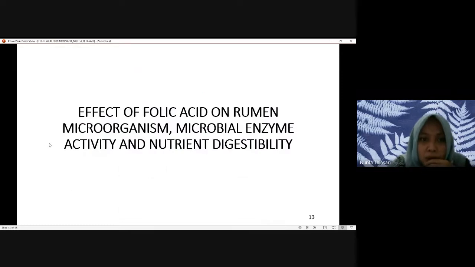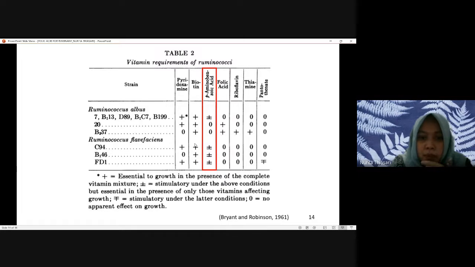And I move to the next, the effect of folic acid on rumen microorganisms, microbial enzyme activity, and nutrient digestibility. Here the table mentions the requirement of some cellulolytic bacteria, here Ruminococcus albus and Ruminococcus flavifaciens.